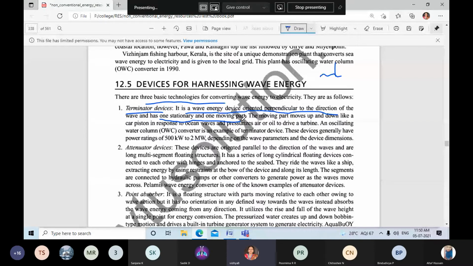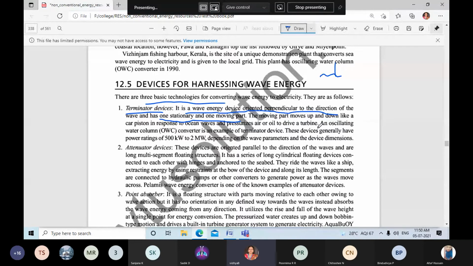One will be fixed and one will be moving. The moving part moves up and down like a car piston in response to ocean waves, and that pressurizes air or oil to drive a turbine.